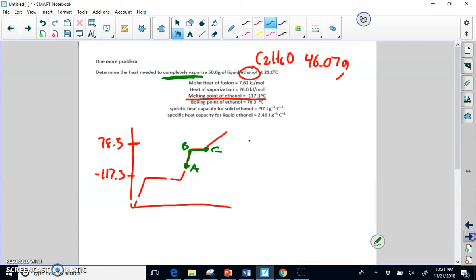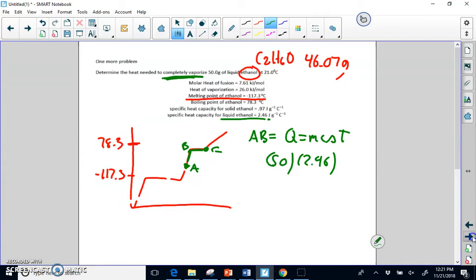From A to B, the line is going up, so we're going to use Q equals mc change in T. Our mass is 50. Now we want to think about what form it is here. The ethanol is a liquid, so we use the specific heat capacity for a liquid, which is 2.46. We need the change in temp.